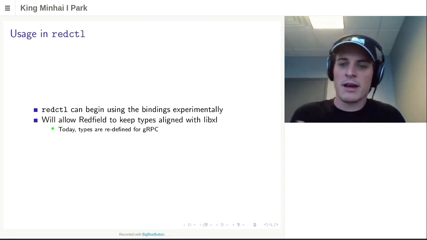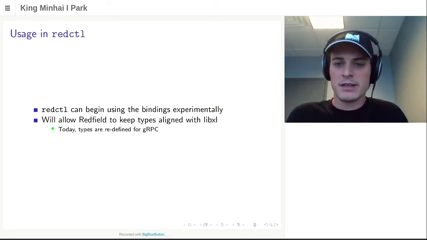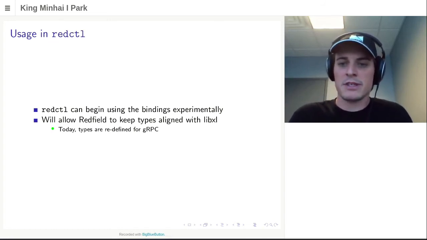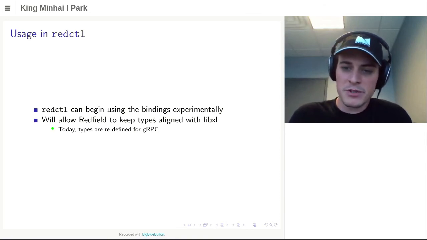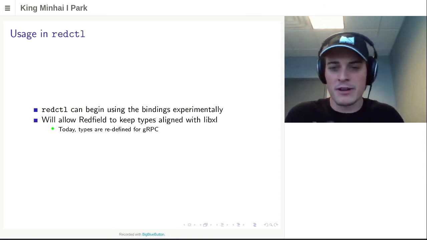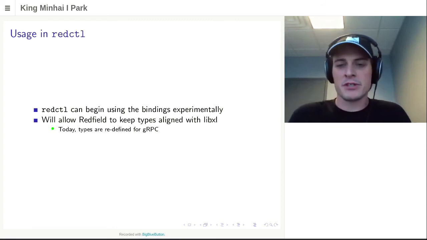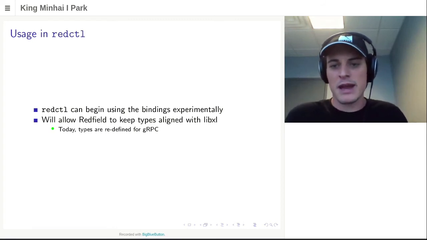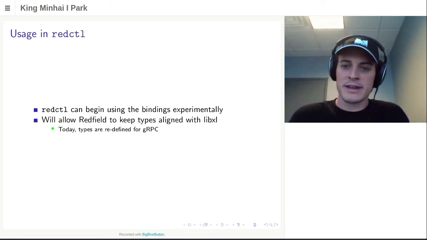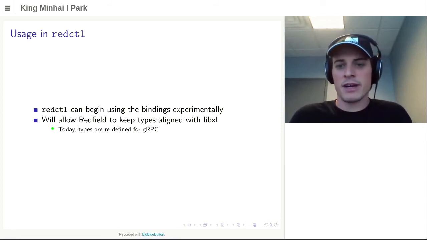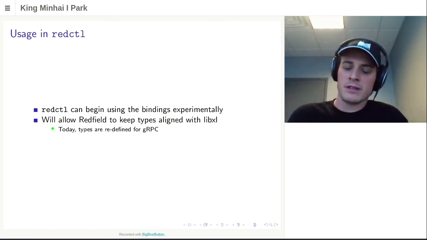The way that I personally am using these bindings is in the redctl toolstack, which is a toolstack for Redfield, our client virtualization distribution. I have a branch where we're experimentally using the bindings as a way to exercise them. And the part that I'm really excited about is having a unified type definition with libxl.